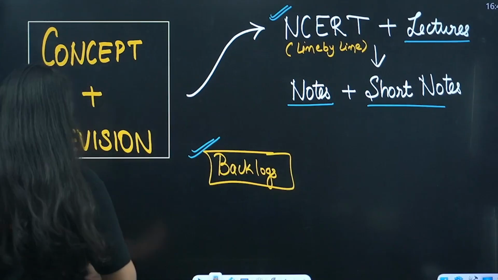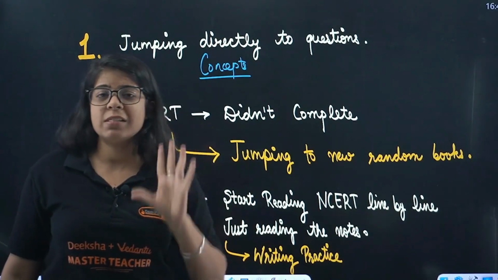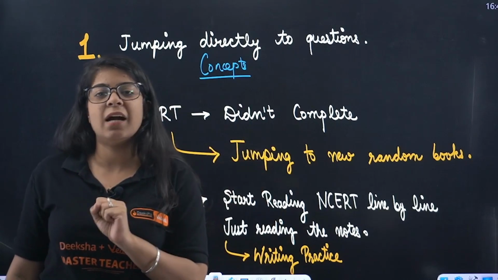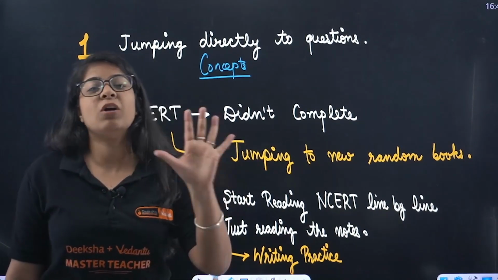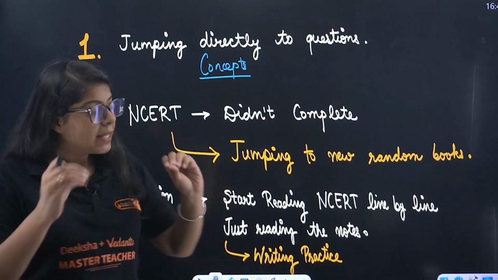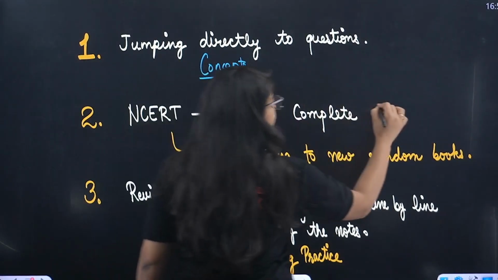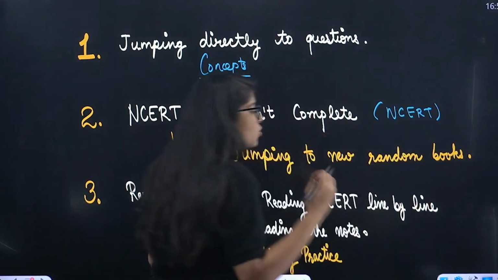Now beta, second mistake is your NCERT. I told you, this is not the time to read NCERT line by line just one day before the exam, but that doesn't mean you don't have to complete the NCERT. Don't just jump to random books. This is the time for you to completely focus just on NCERT, its concepts, your short notes.